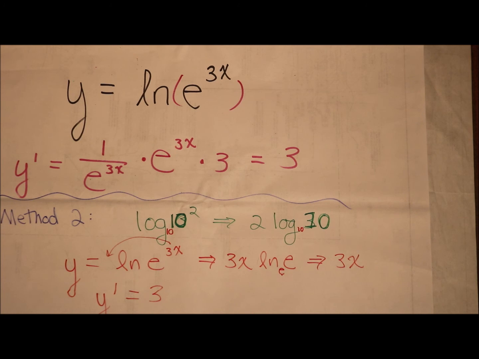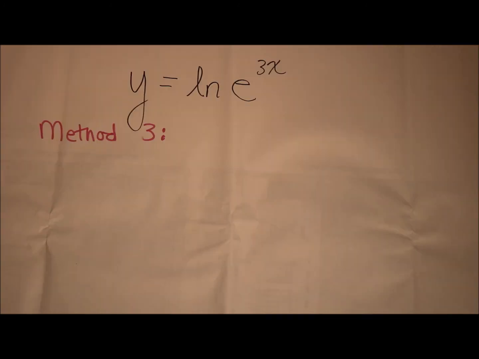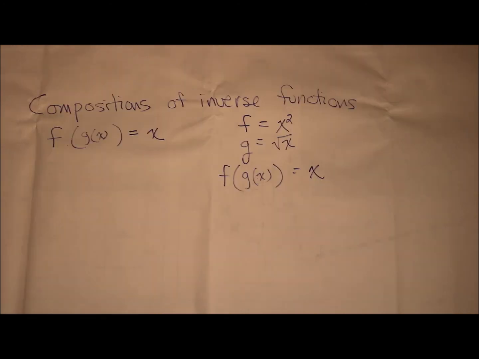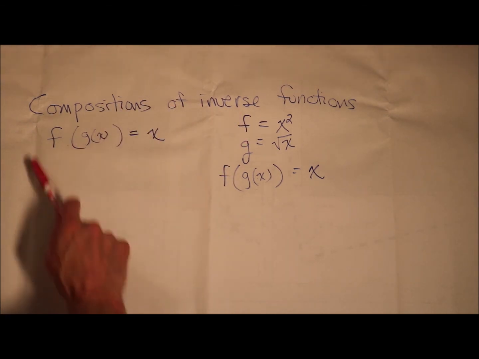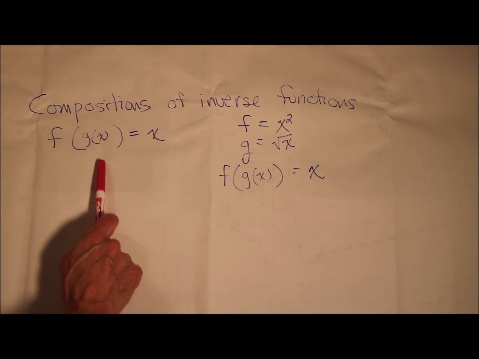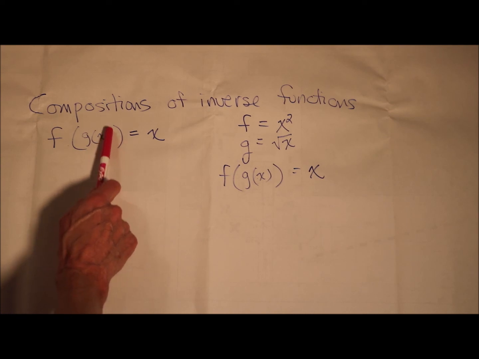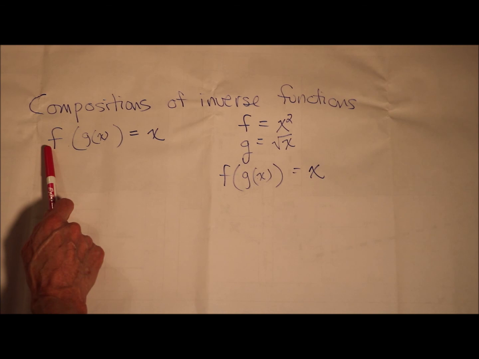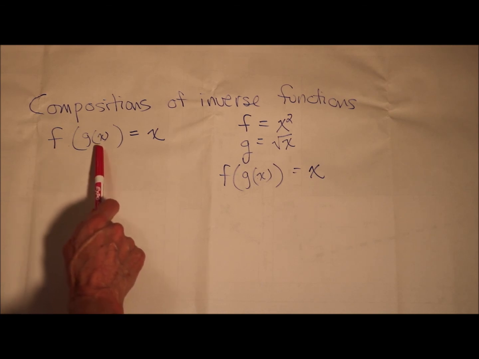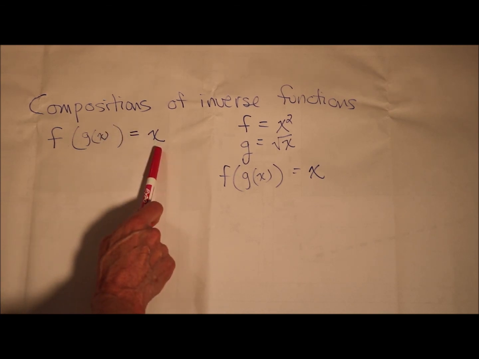But let me show you a real shortcut. So the third way to do this problem is to remember something about compositions of inverse functions. When you have a composition of two functions that are inverses of each other, whatever you put in for x, g of x does something to it, then f of x, if it's the inverse of g, is going to undo whatever g did, and you're going to end up with what you started with.